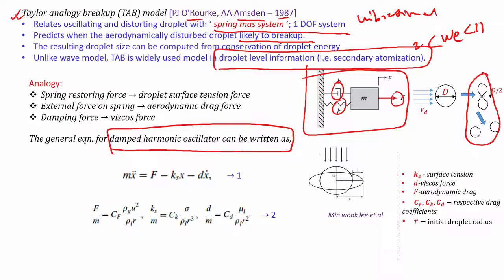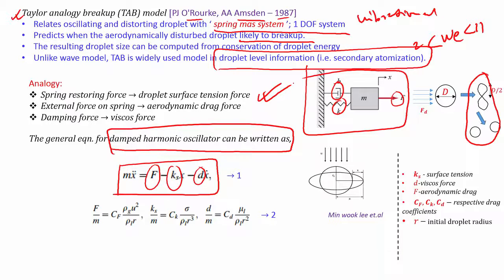They were kind of ingenious. The harmonic oscillator's equation is this. This is the forcing function. This is what we call the spring constant or the restoring force. This is the damping component. The spring restoring force, by common sense, has to be surface tension.